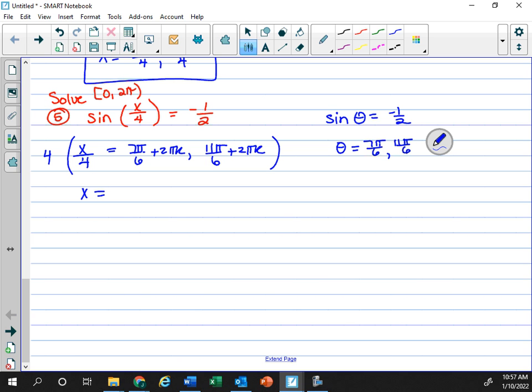What do we get there? 14 pi over 3 and plus 8 pi k. All right. Is 14 pi over 3 bigger than 2 pi? Yeah, and clearly adding 8 pi to something is going to make it bigger than 2 pi, right? You can multiply the next one, but 11 pi over 6 times 4, isn't that also definitely going to be bigger than 2 pi?